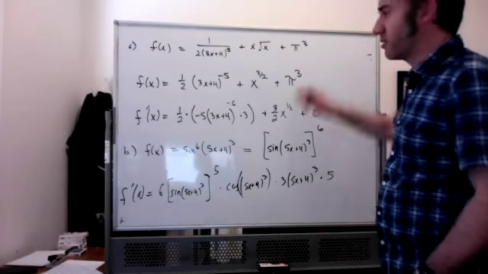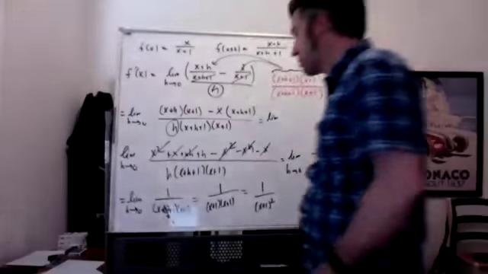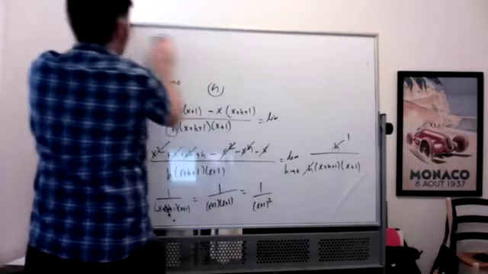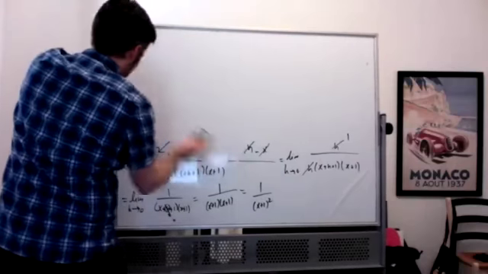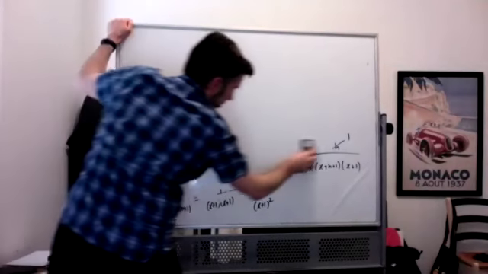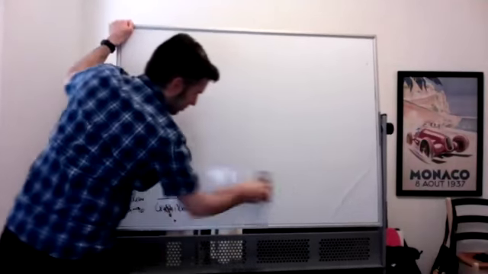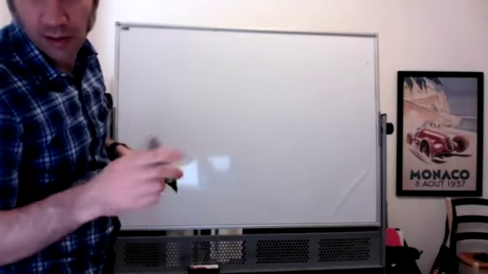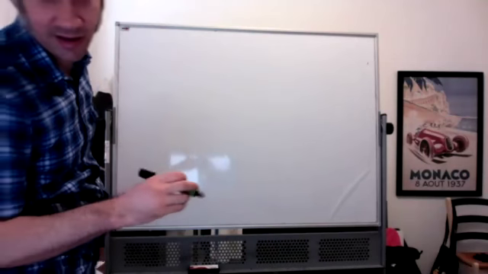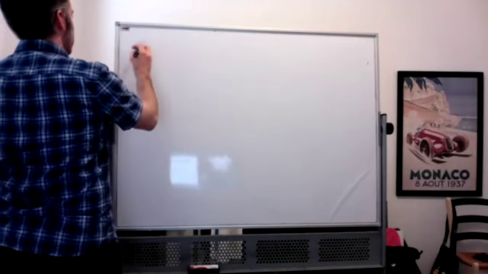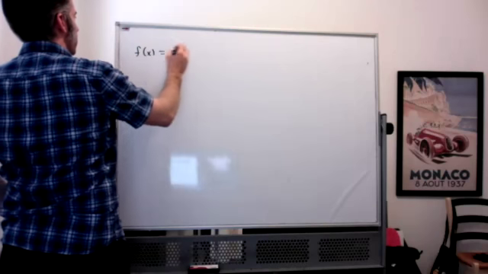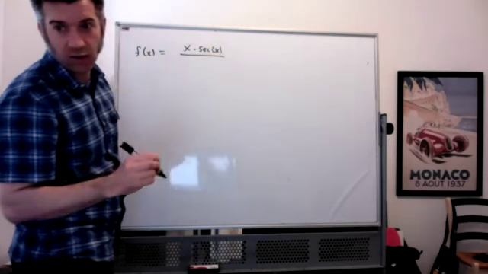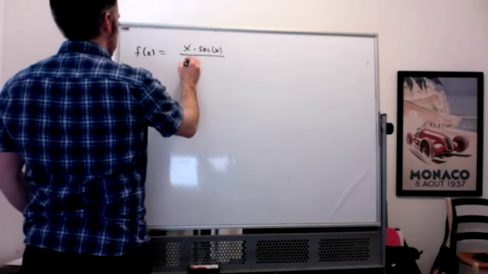Let's look at the last part of this question. Sorry, not 6, 8. f of x is equal to x times secant of x over cotangent of 3x.